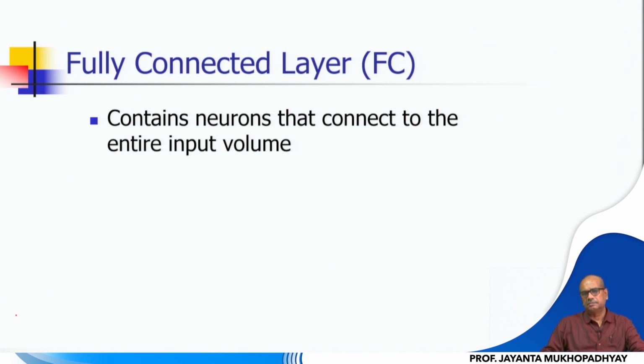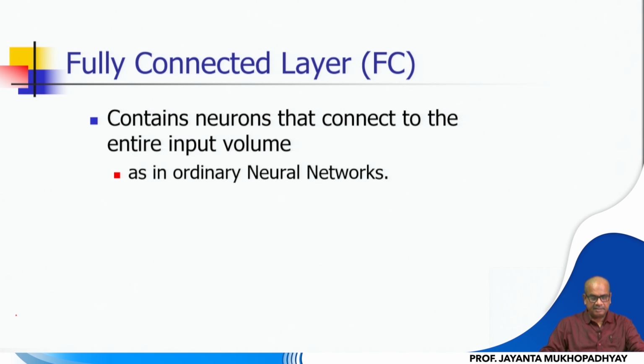which can be mapped once again to the classification function. So the fully connected layer contains neurons that connect to the entire input volume, as in ordinary neural networks. That means all the feature vector representation extracted through the series of convolutional layers, and in between some pooling layers, is finally converted into a feature vector form.